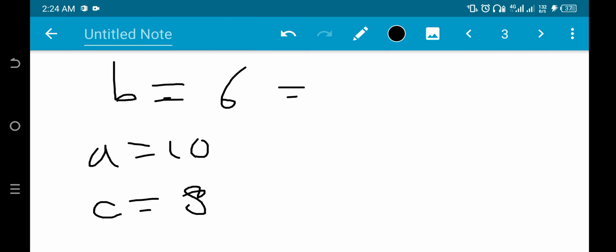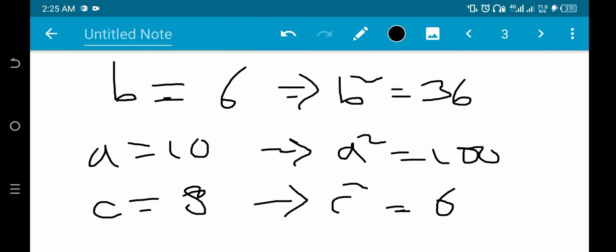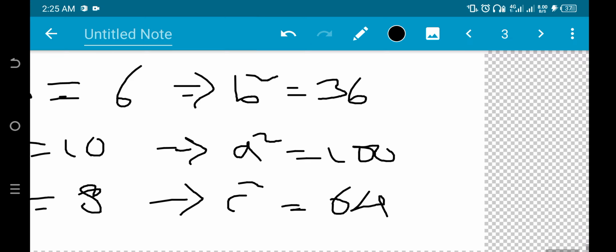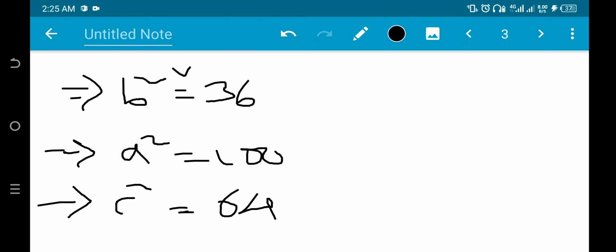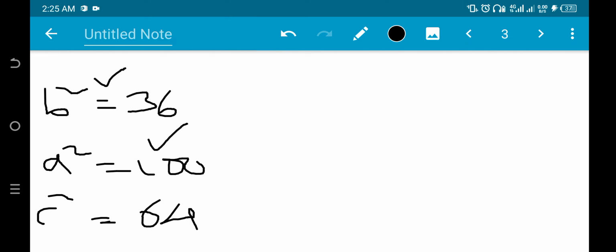Meaning b squared is equal to 36, a squared is equal to 100, and c squared is equal to 64. Now we know that what we need for the ellipse is this and this. So we have to ask ourselves, our question will guide us.